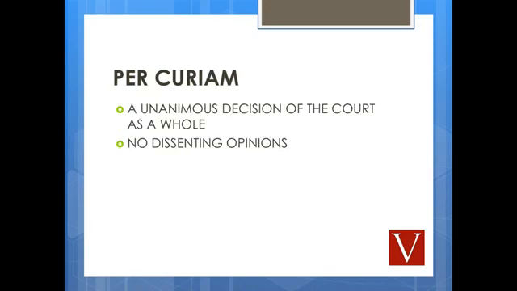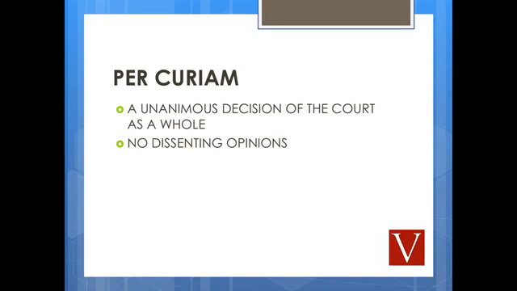All right, the next one is per curiam. So usually, let's say you have the Supreme Court. Let's say you have 9 justices and it's a 5-4 decision, and you go, wow, everybody's sworn to support the Constitution, but they have a completely different view of the Constitution. Well, such is life.